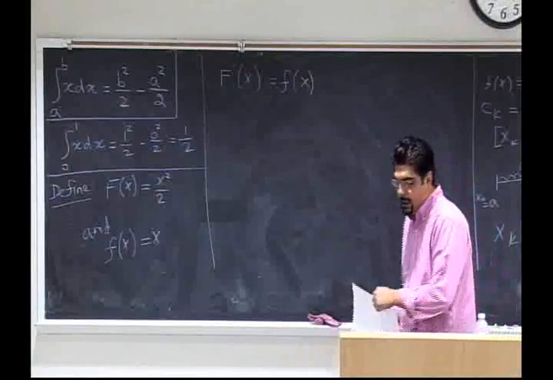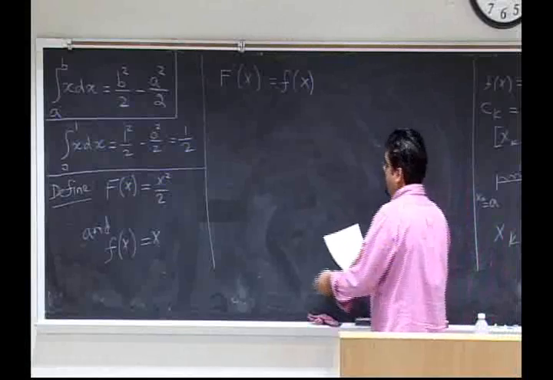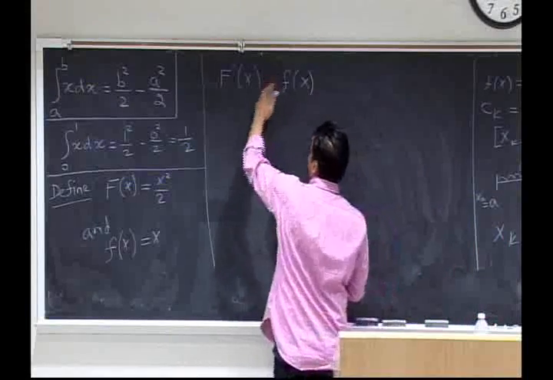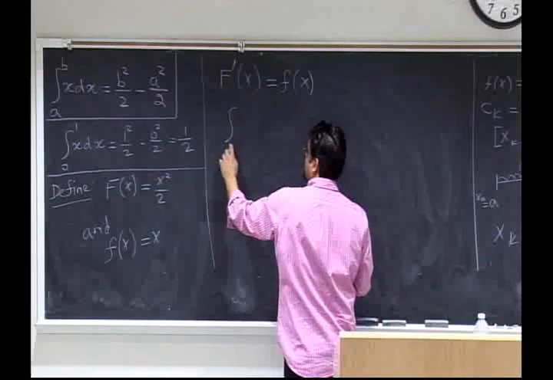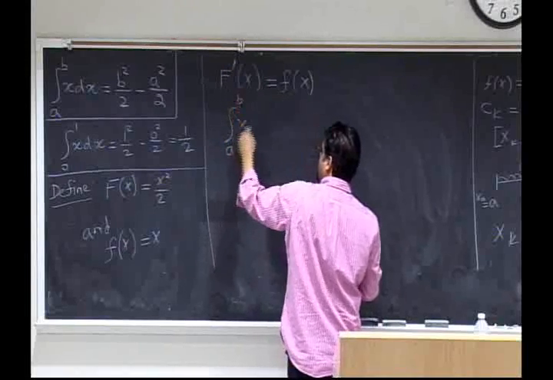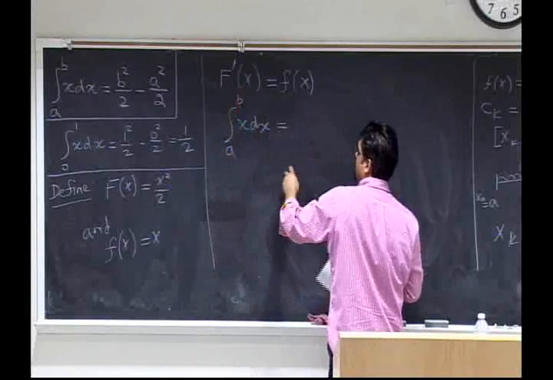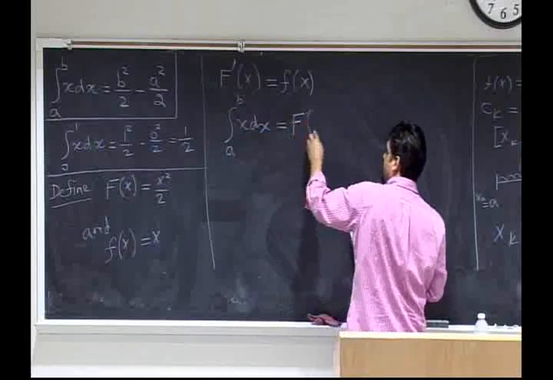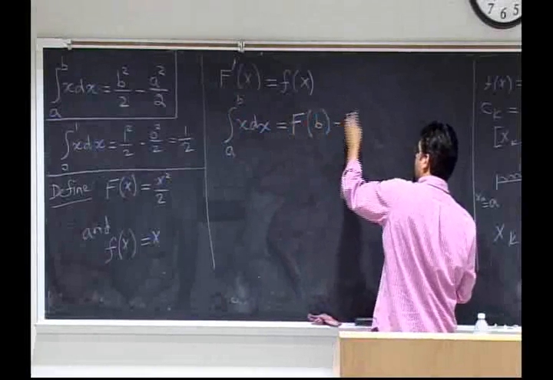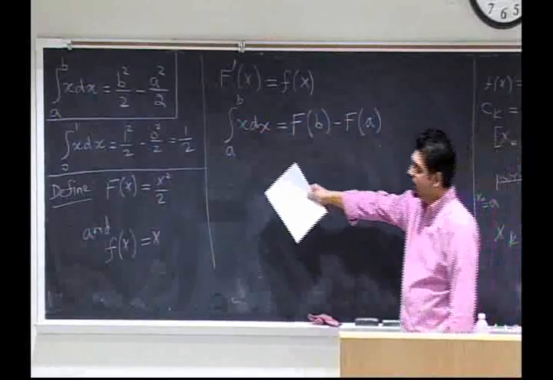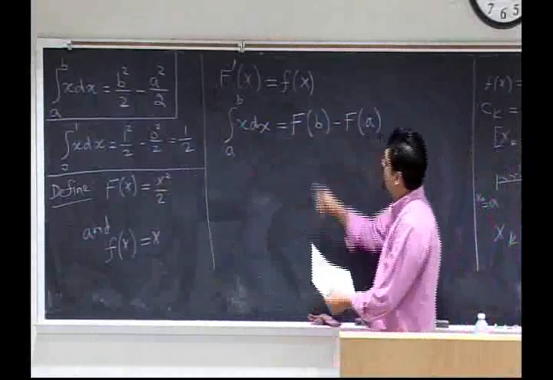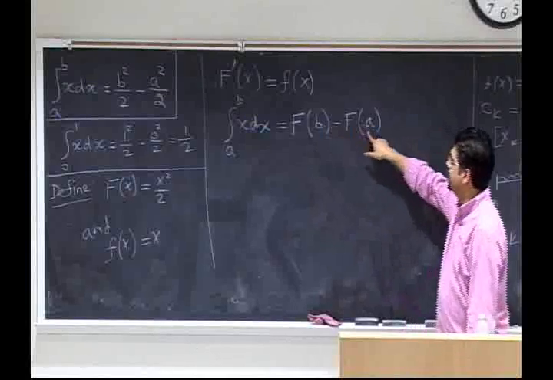So anyway, let's see what we have here. If I write it this way, I notice that the integral from a to b of x dx could be written as big F of b minus big F of a. If big F is defined as x squared over 2, then F of b is b squared over 2, and F of a is a squared over 2.